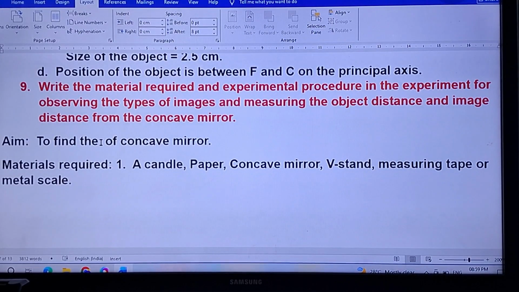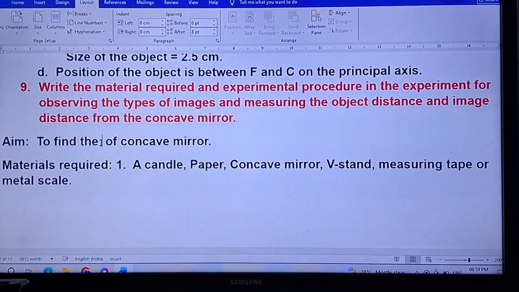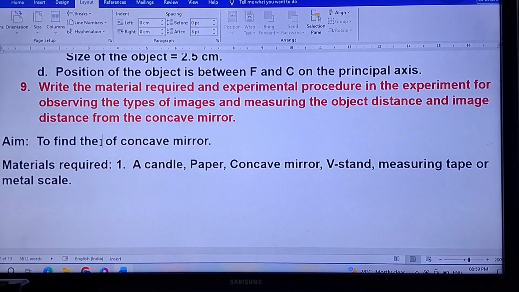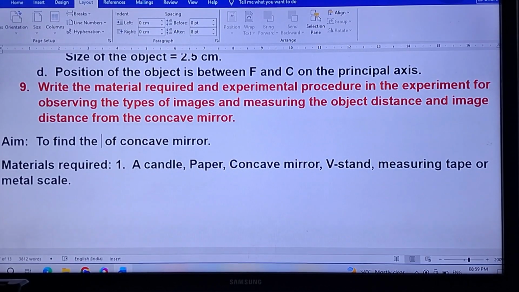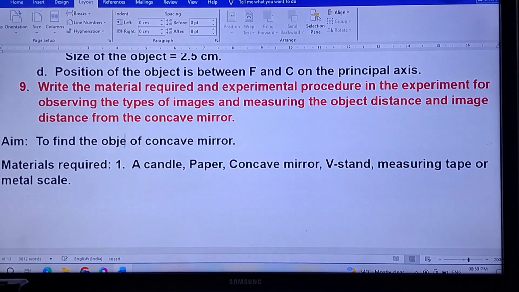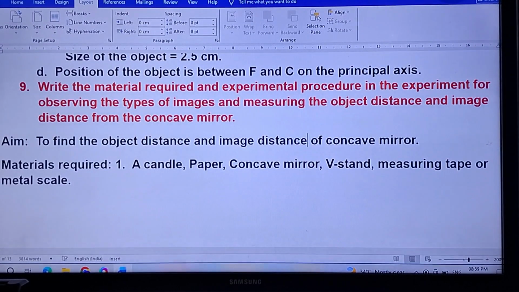Let me write it, children. The aim is to find the object distance and image distance of a concave mirror. This is our aim.